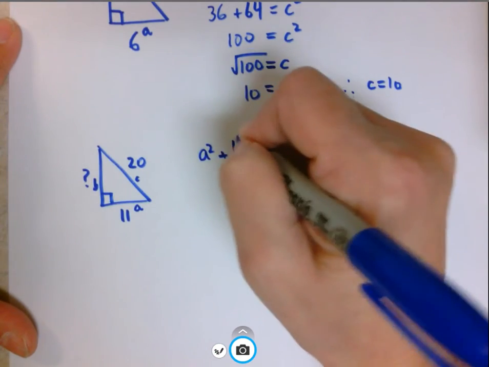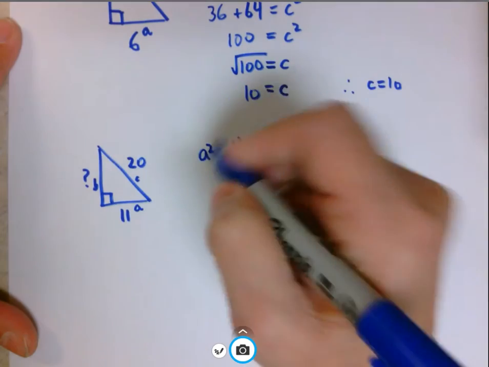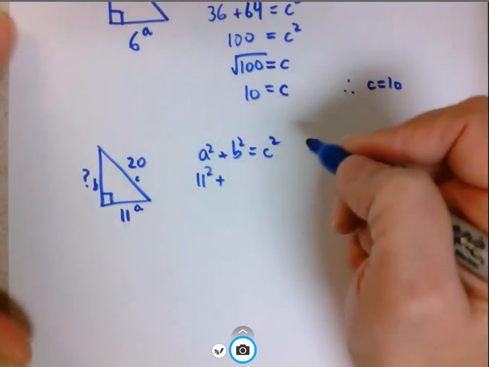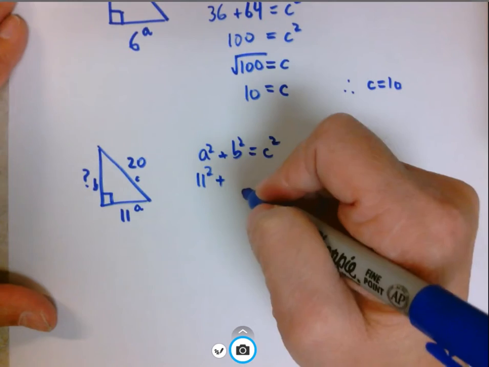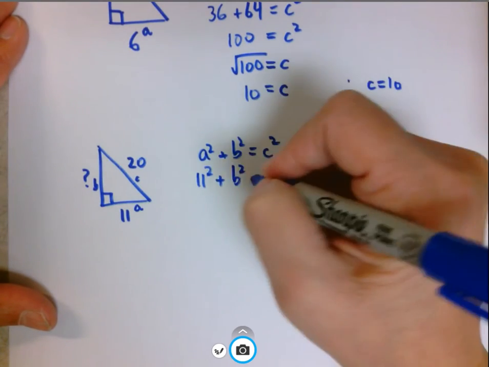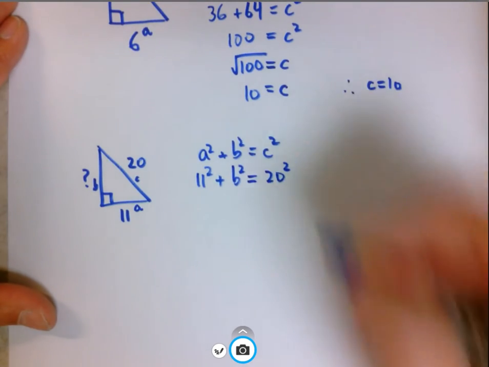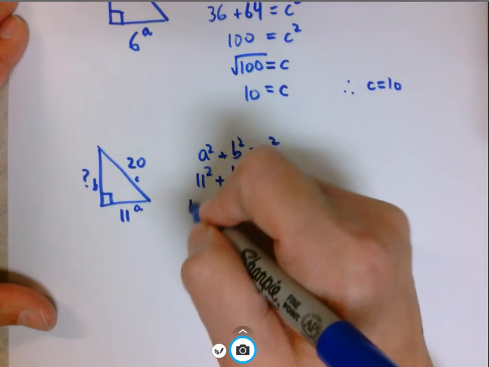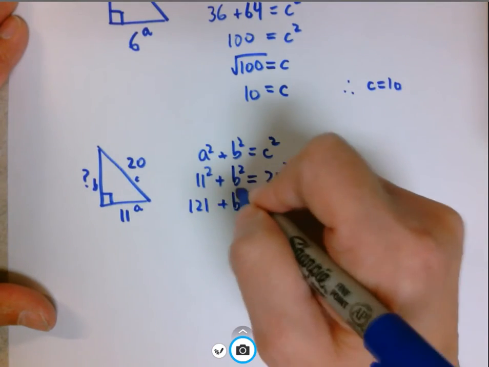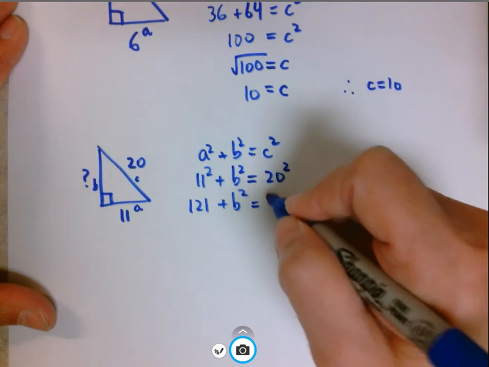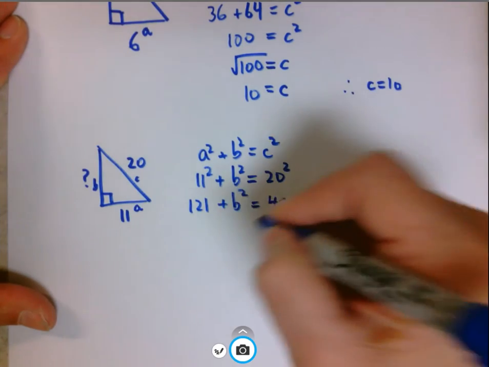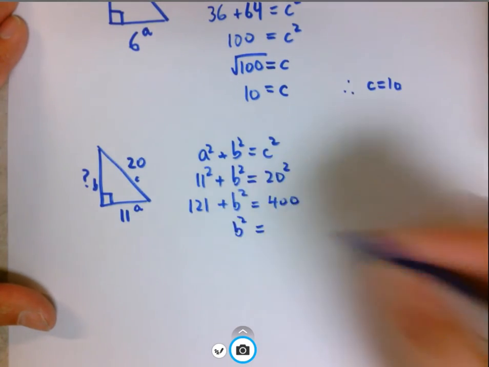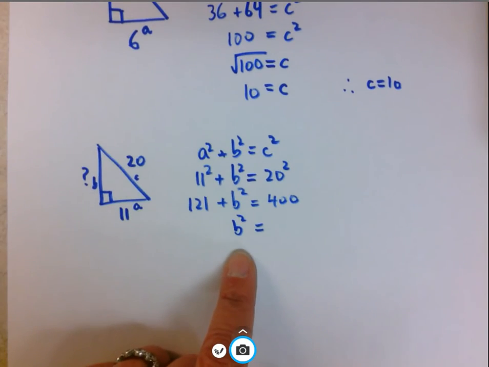A squared plus B squared equals C squared. 11 squared plus, I don't know this, so I'll keep it as the variable B squared, equals 20 squared. 11 squared is 121 plus B squared equals 20 squared is 400. And so B squared now, we want to isolate the B squared.